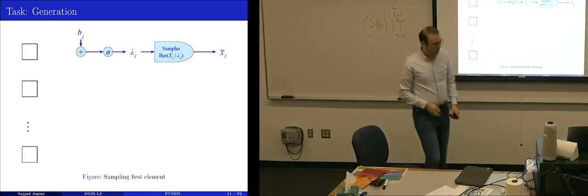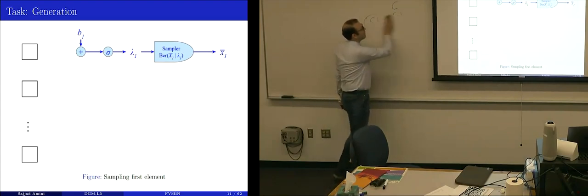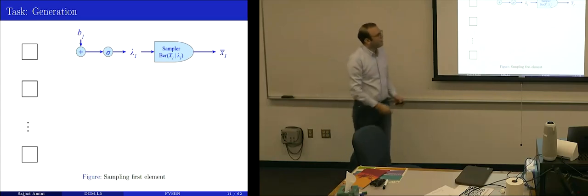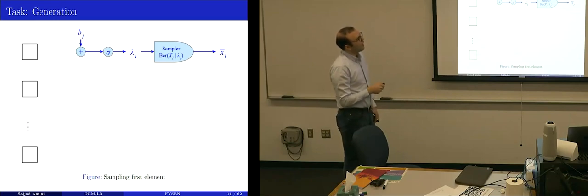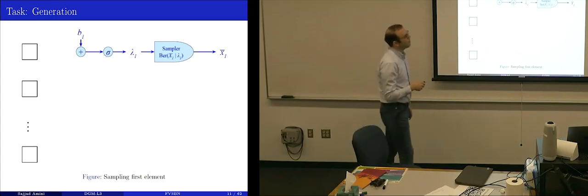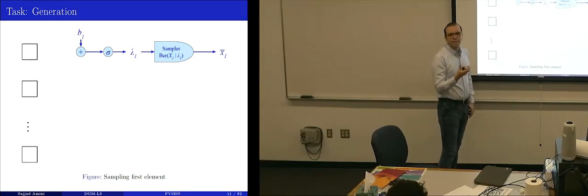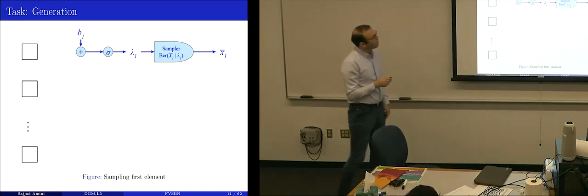Similar to the previous density estimation task, now we want to generate samples using a given model. We do not focus on how the model is trained. Just assume that these values are given to you. How do you generate a sample from the model that these parameters characterize? So let's start with the generation of the first element.